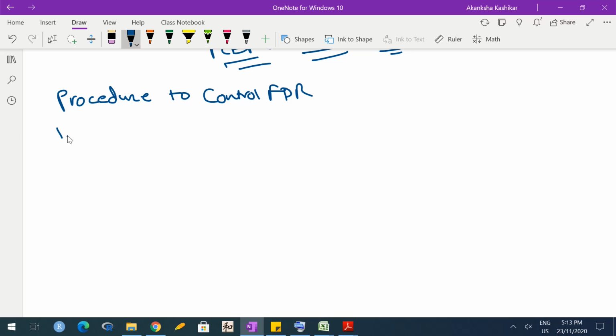The earlier procedures, Bonferroni and Sidak, they are known as one-step procedures because you just do same adjustment for every p-value. Okay, whereas in FDR we are going to do slightly different things. So we first arrange p-values in an increasing order.